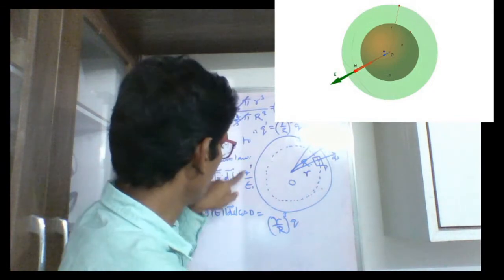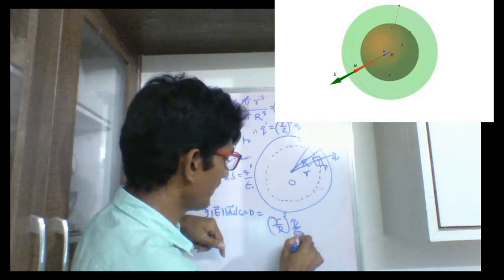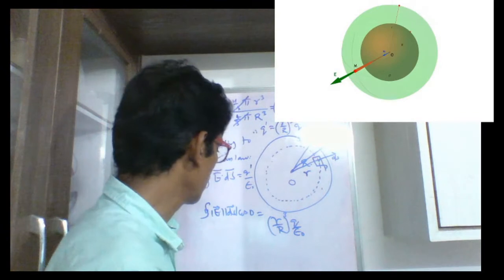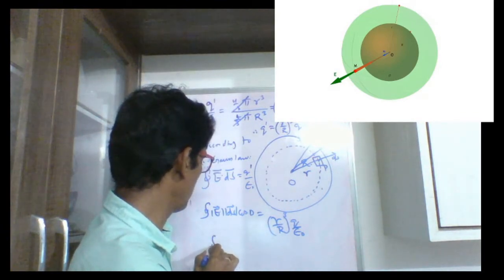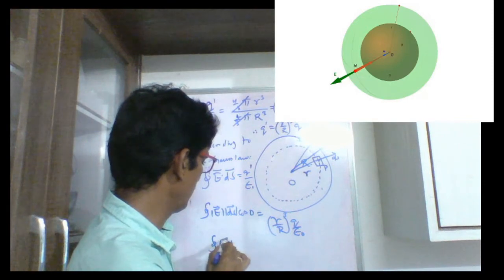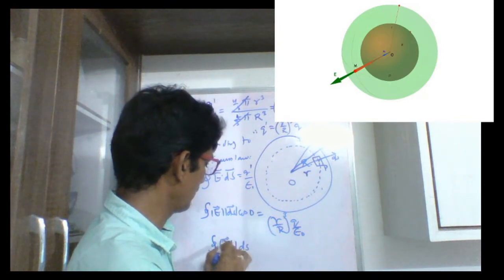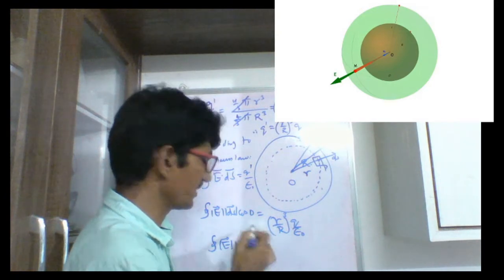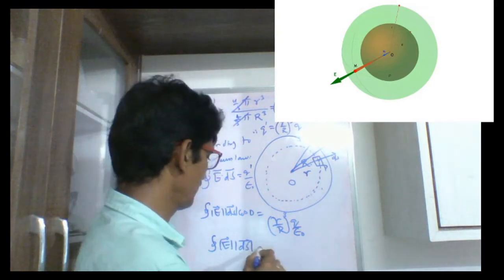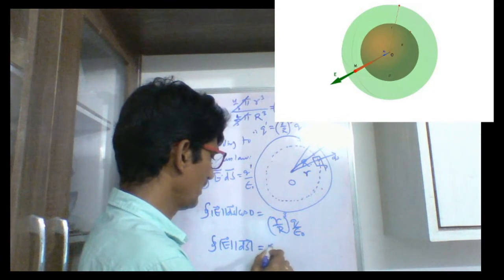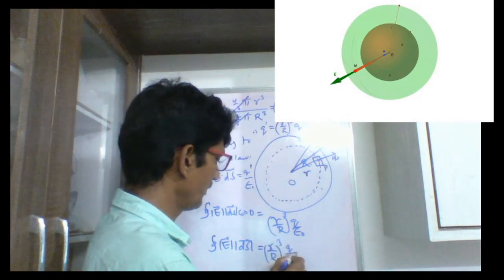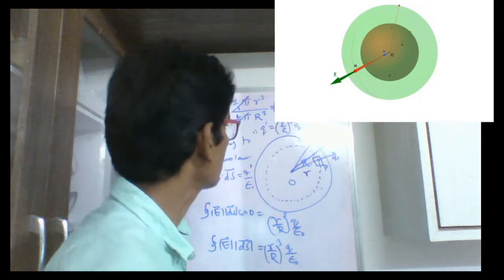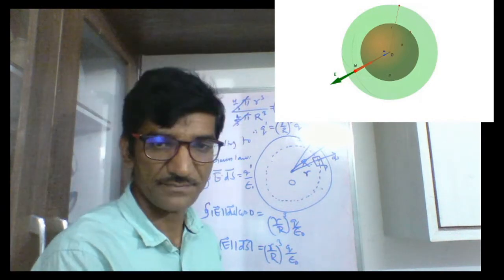Q prime by epsilon naught. I am writing epsilon naught here. Now cos 0 is 1. That's why you are having only the integral of modulus of vector E, modulus of vector ds, into 1, which we need not write. On this side you have r by R whole cube into q by epsilon naught.